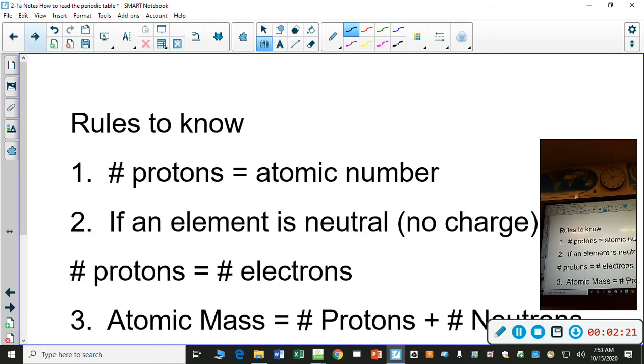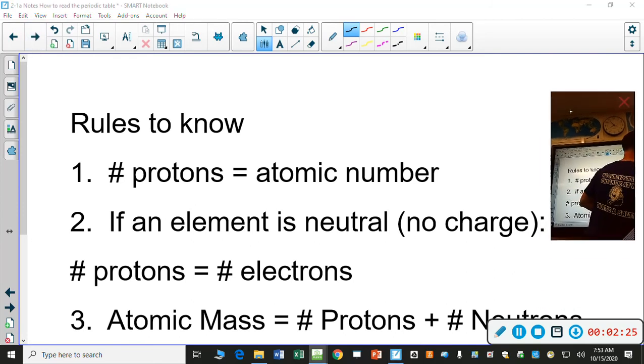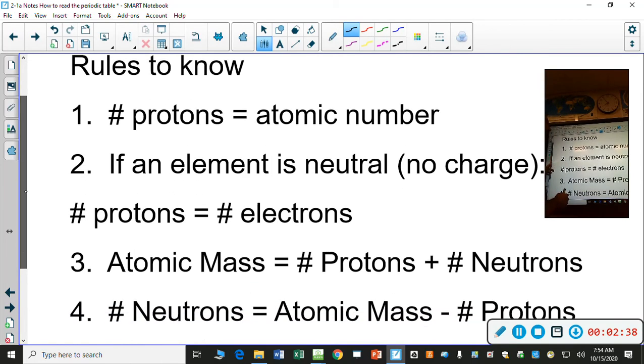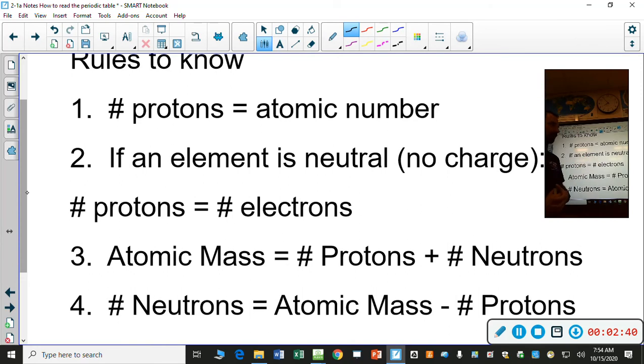Okay, other things you need to know, which are also important. Number of protons is going to be equal to the atomic number. So you can extract that right off of the block on the periodic table. If the element is neutral, which most of them are, if you see no charge in the top corner, the protons are going to be equal to the electrons. So that's going to be the case most of the time.